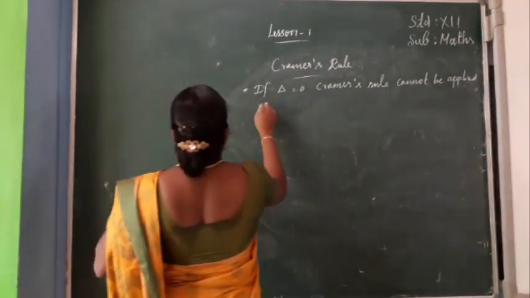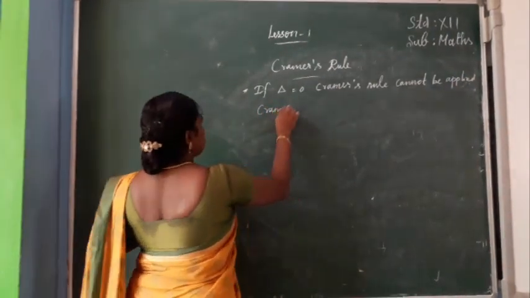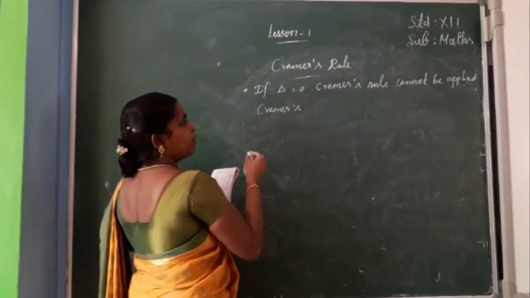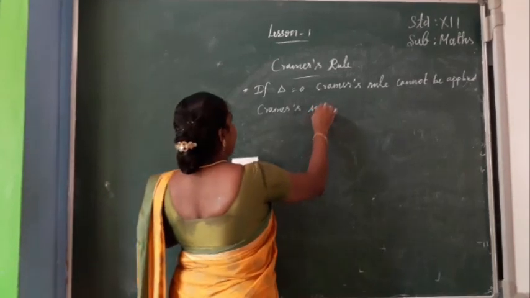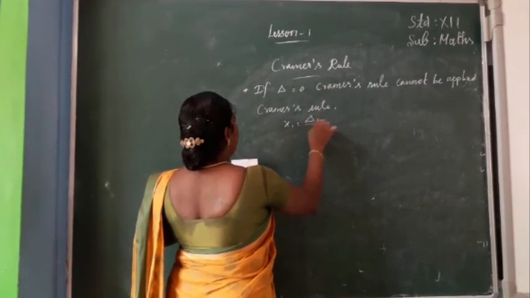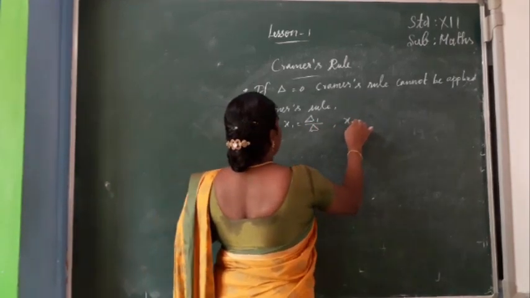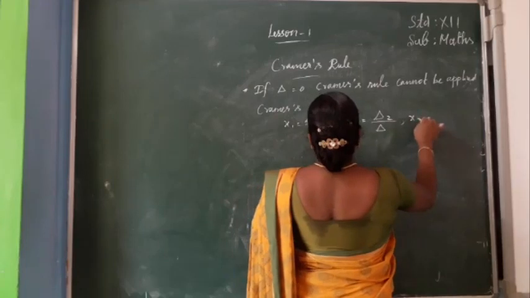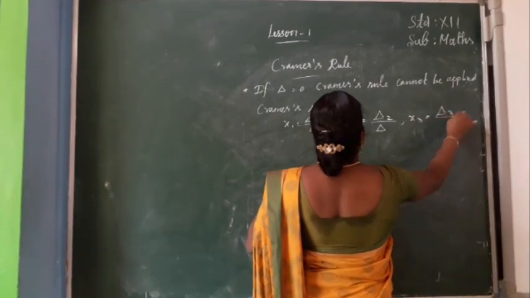Next, Cramer's rule formula is, if delta not equal to 0, you can use Cramer's rule. So Cramer's rule formula is x1 equal to delta 1 by delta, x2 equal to delta 2 by delta, x3 equal to delta 3 by delta.